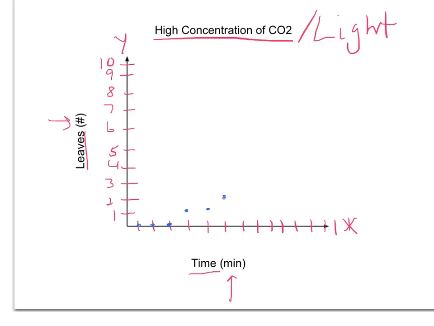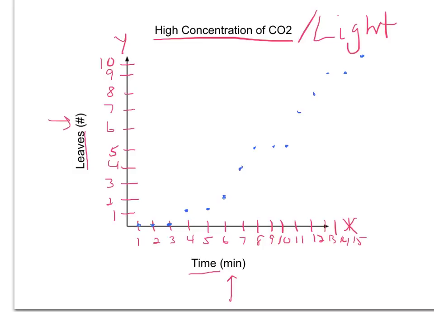Alright, I've plotted the rest of our data, and as you can see, over time we see more and more leaves floating, until at minute 15 we finally saw all 10 leaves floating. Now you should see something that looks like this on your graph, with a bunch of dots. Now our job is to connect those dots. We'll connect them with a black line. Okay.